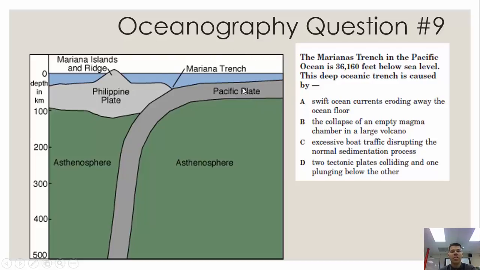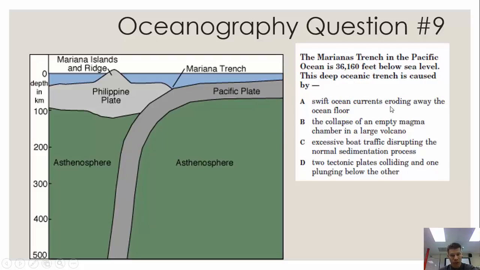So in Marianas Trench in particular, we have the older, colder Pacific plate colliding with the younger Philippine plate that's not as cold. And when that happens, the Pacific plate is dragged under and melted in the asthenosphere, and the Philippine plate is kind of propped upward, leaving one spot right here, a real deep spot in the ocean called a trench. Alright, so what causes Marianas Trench?